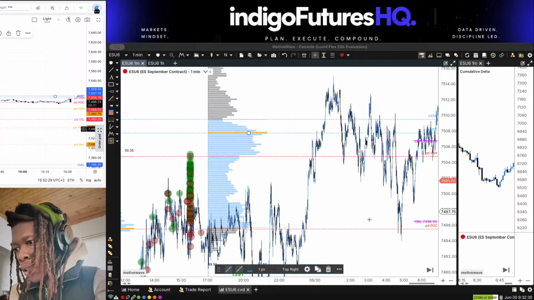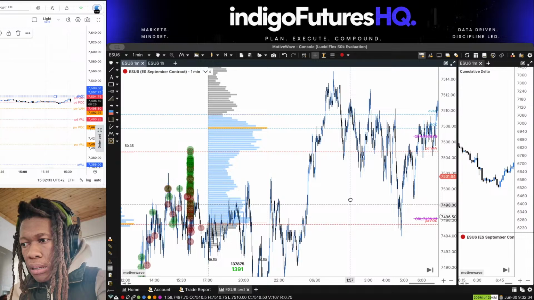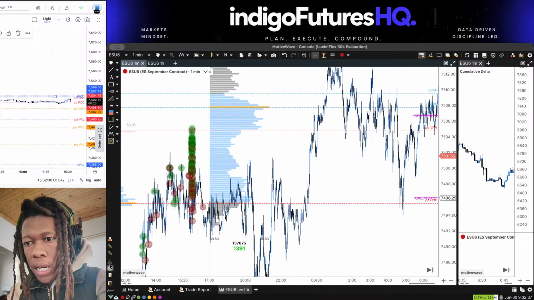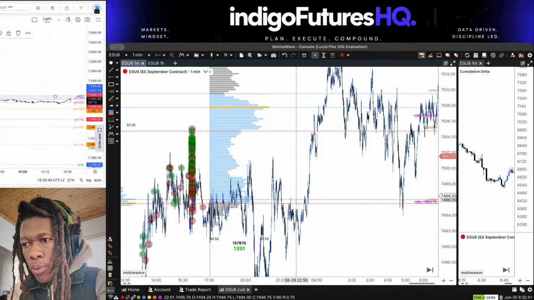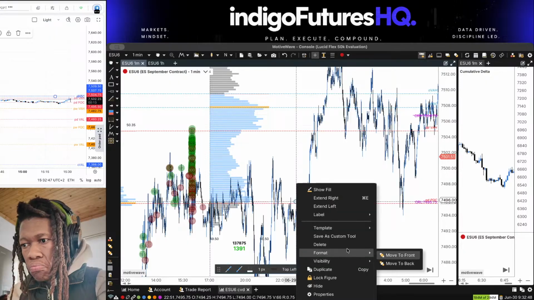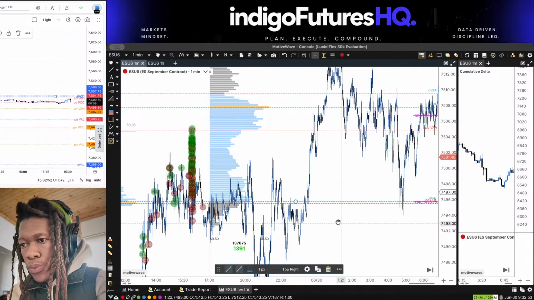2 minutes into the open. Nothing was really interesting at this point. I guess the overlap of the previous day point of control and our overnight value area low makes that a strong-ish level, which we're already at.